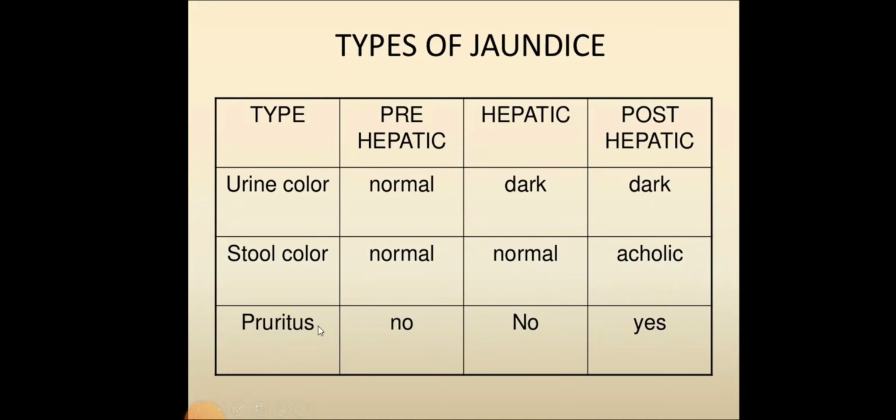In prehepatic there will be no pruritus, in hepatic there is no itching, and in post-hepatic it will be present. And this is the third type, post-hepatic or obstructive jaundice. There will be obstruction.